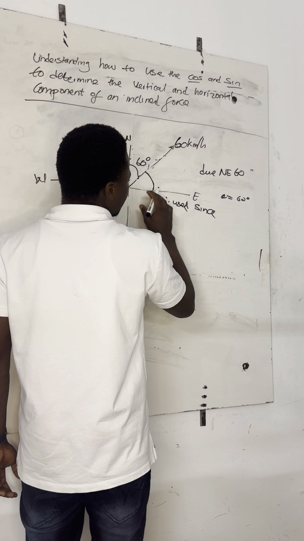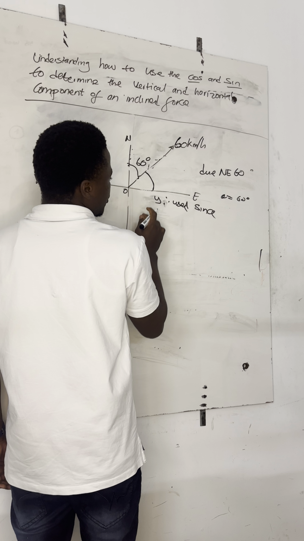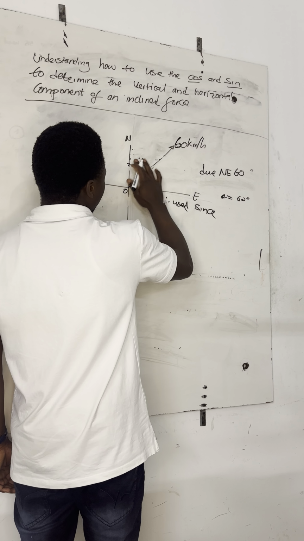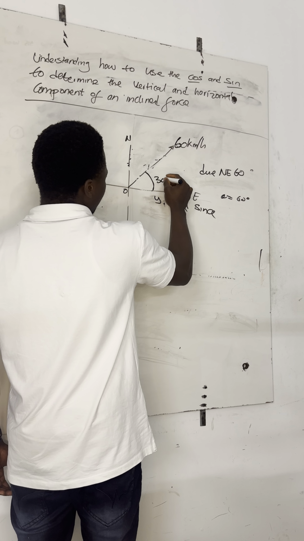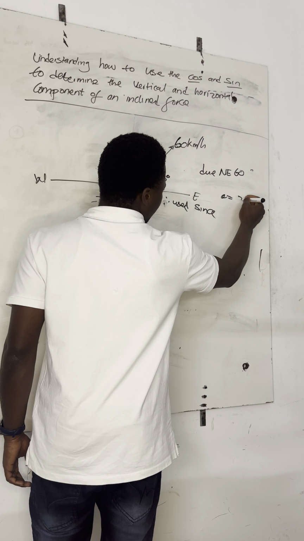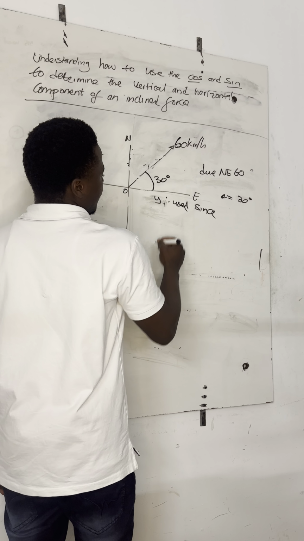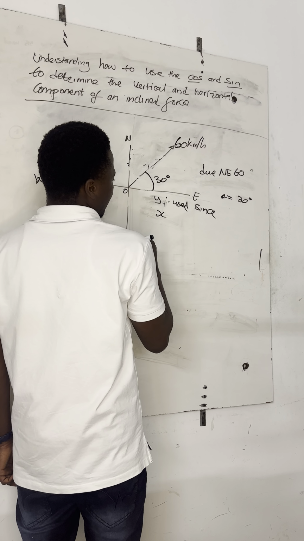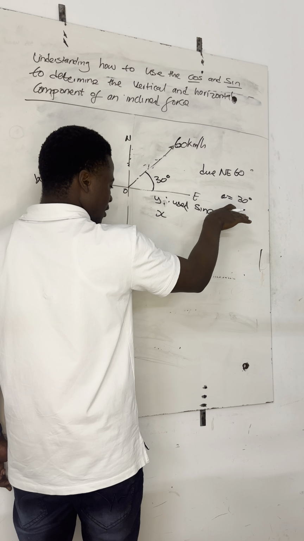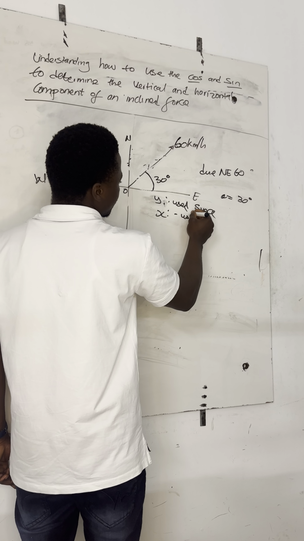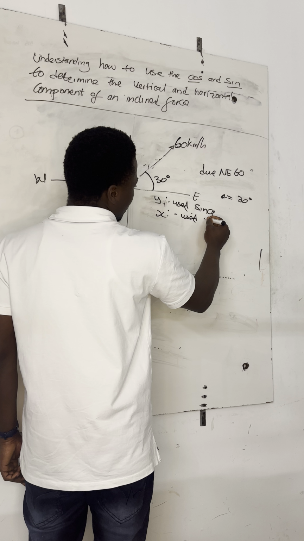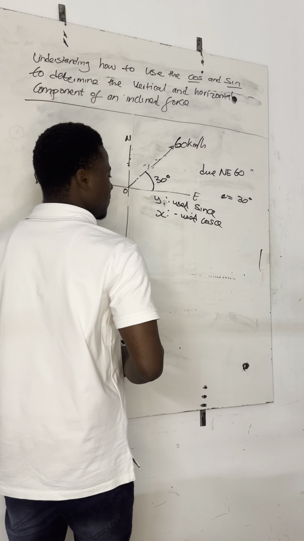So if the angle is here, let me cancel this out, and let's say this is 30 degrees. So this theta will be 30 degrees. Now, for the x plane, which is the east, therefore use cos theta.